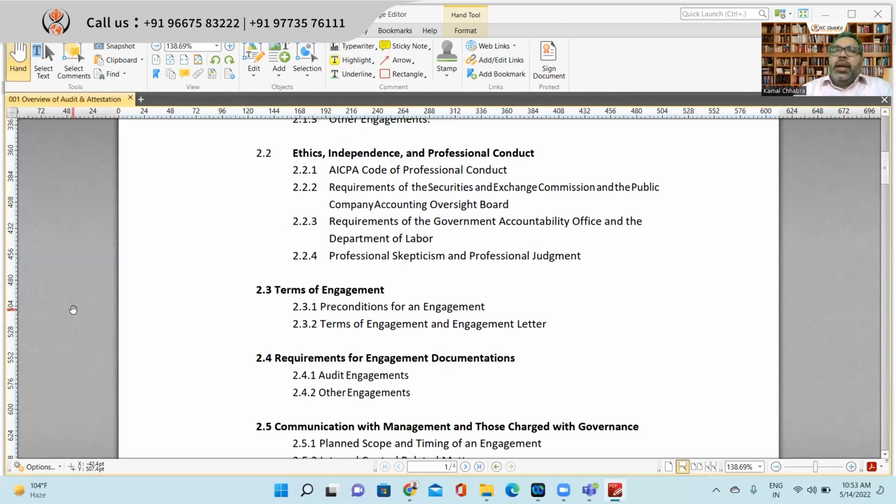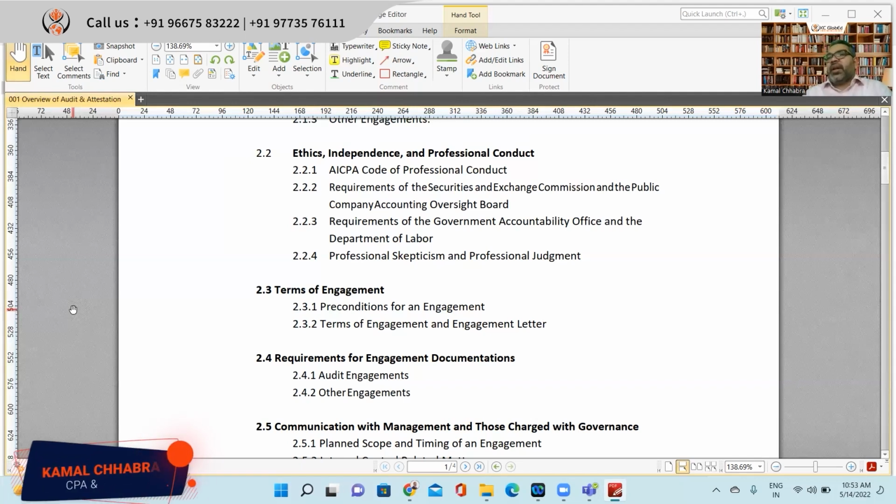Back in 2002, when a lot of scams happened in the US, especially Enron, then Lehman Brothers and other scandals, the SOX Act of 2002 was formed, which comes under the PCAOB. The PCAOB was formed in 2002 to govern the overall work of the CPAs of the US, especially practicing professionals, right?